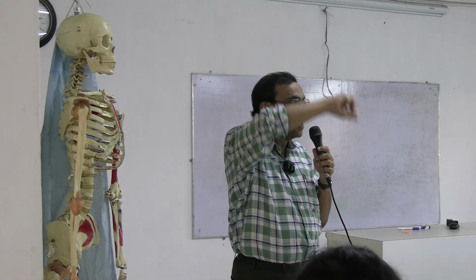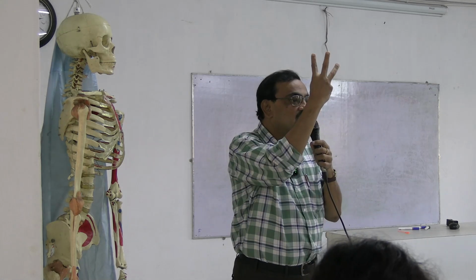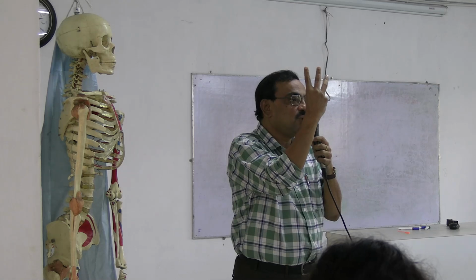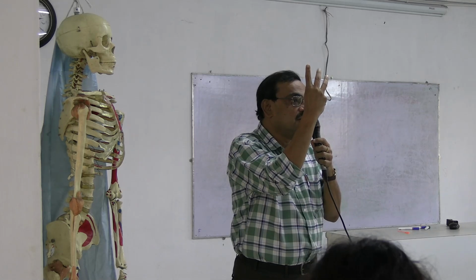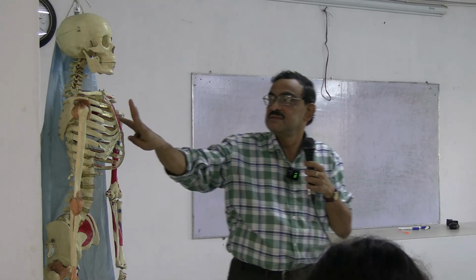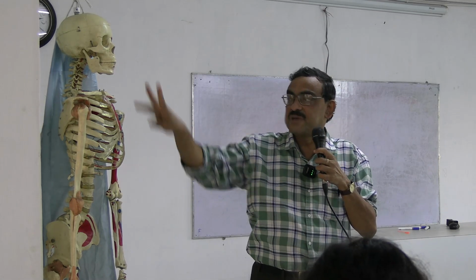From the heart, one artery comes out, that is the arch of aorta. From there, 3 branches come out, from right to left: brachiocephalic, left common carotid and left subclavian.